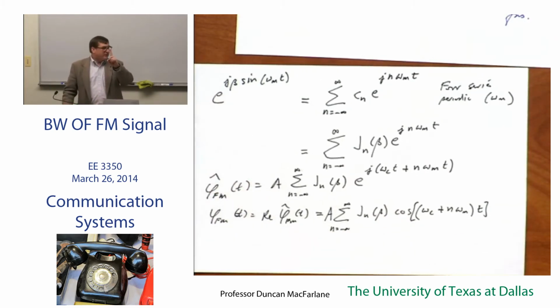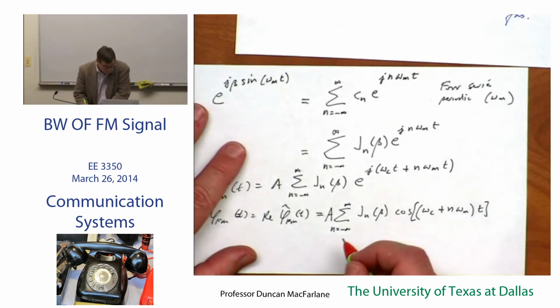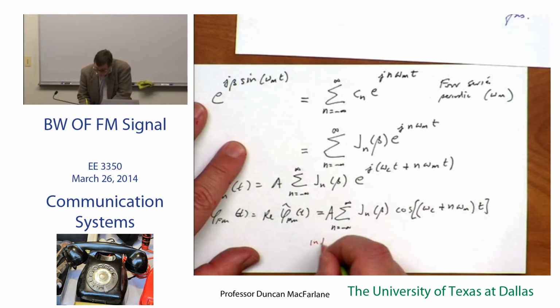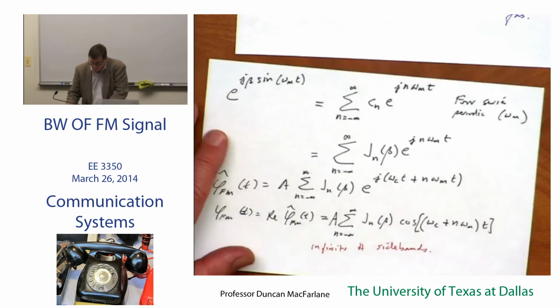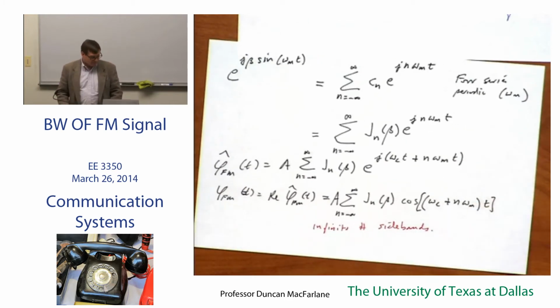So, we start with a message signal that's just a single tone. When we do FM modulation on it, when we have the FM signal, we've generated an infinite number of sidebands.